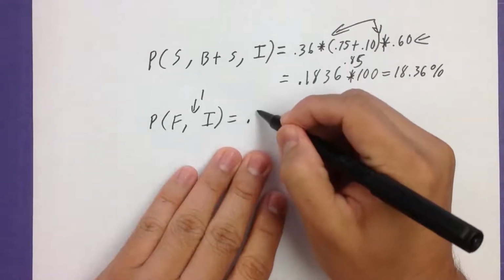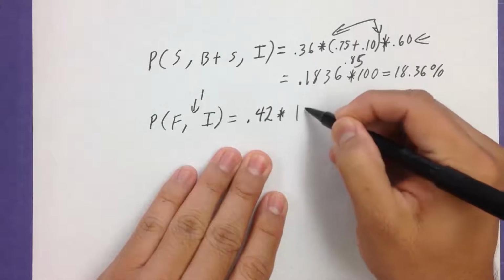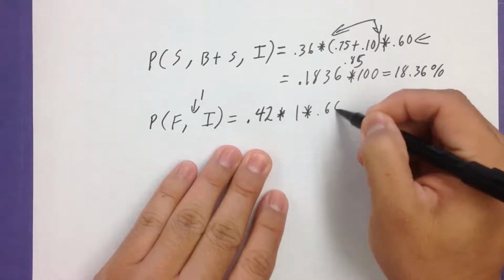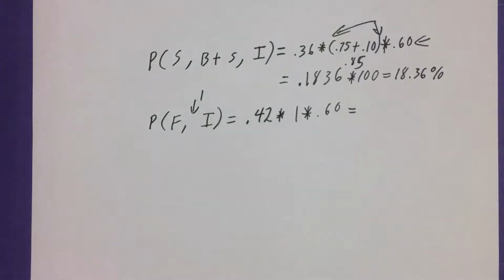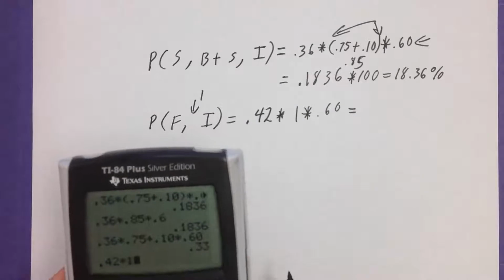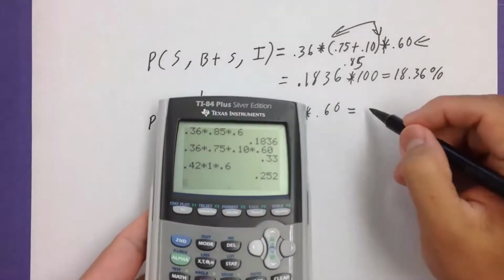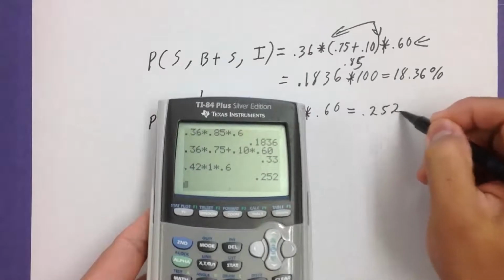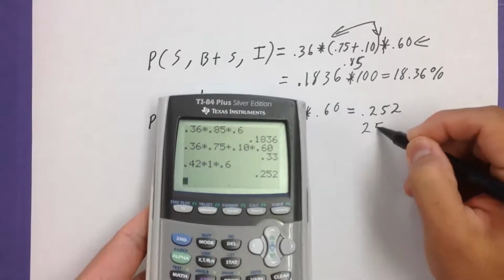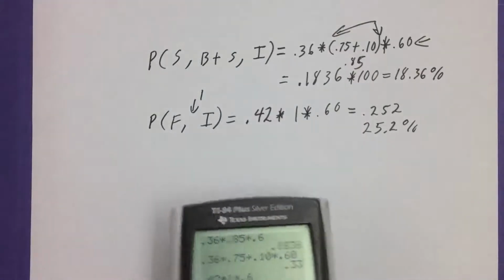So this would be 0.42 times 1 times 0.60. That gives me 0.252 or 25.2%. As you can see, it's pretty simple.